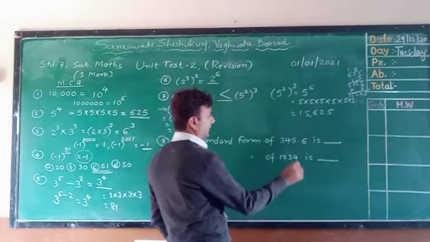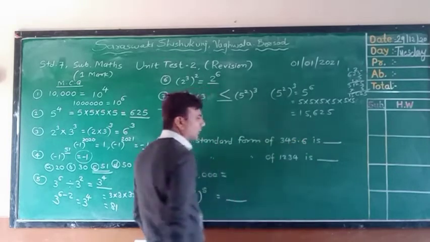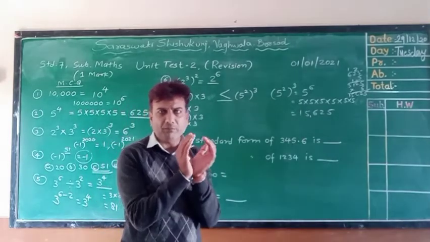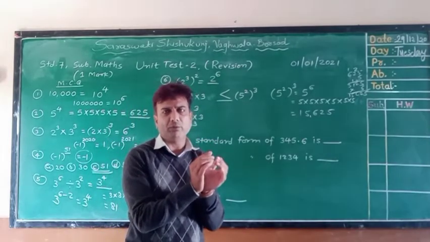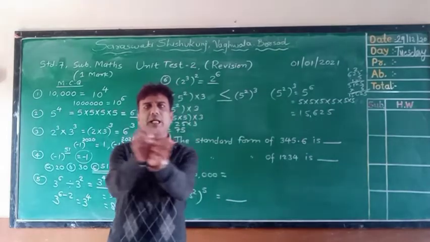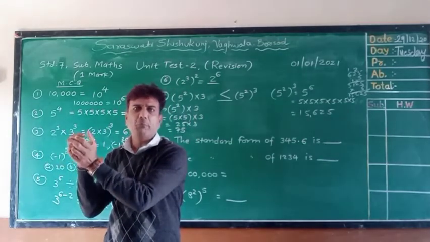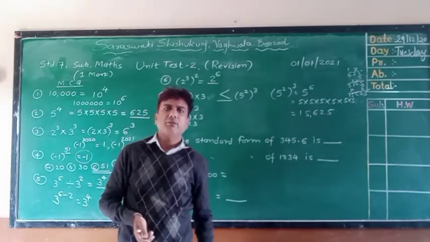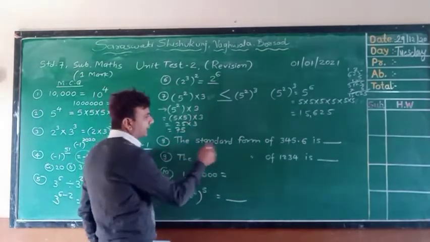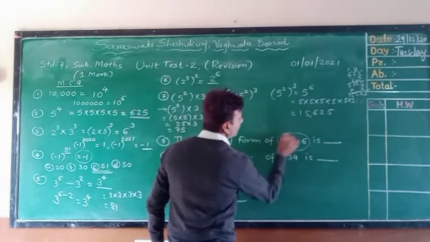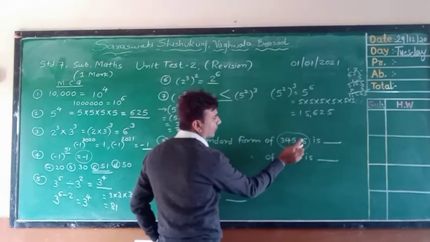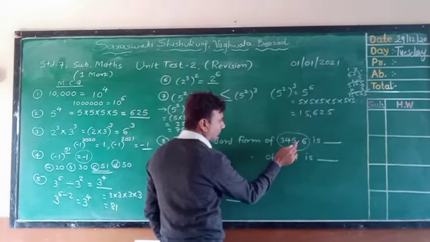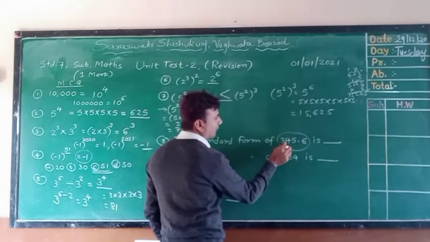Now number 8, the standard form of 345.6. Yes, a decimal point is given here. What is the meaning of standard form? Standard form means we have to remove the decimal point and place it after one digit. Then it will convert into standard form. In this case we can observe the point is given here, but according to standard form we require this point after one digit, meaning after 3.